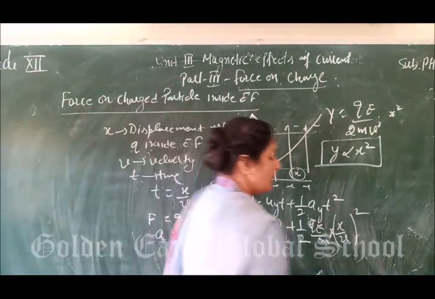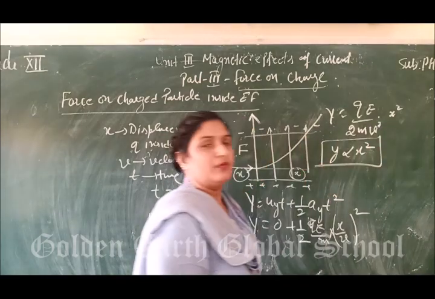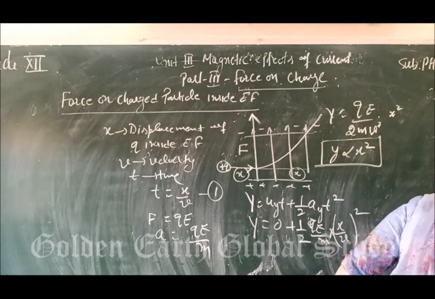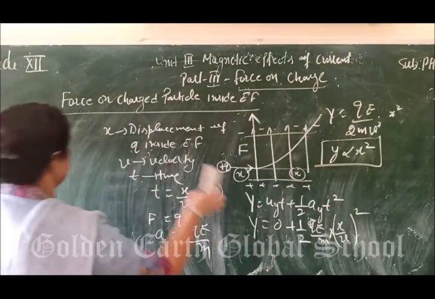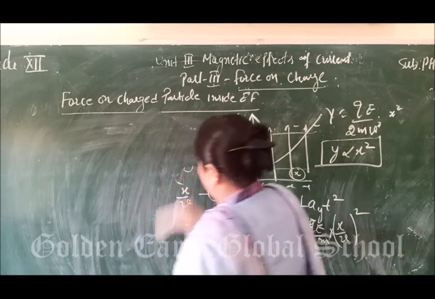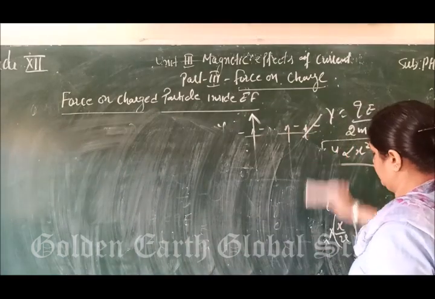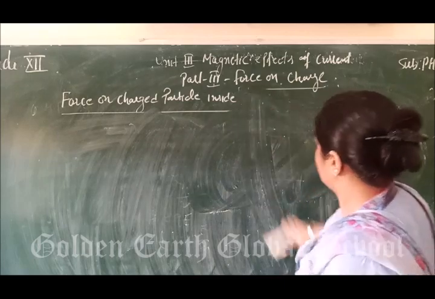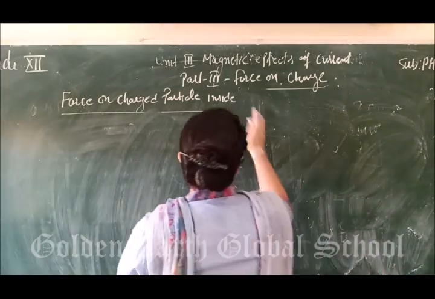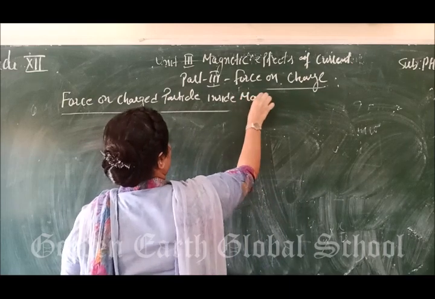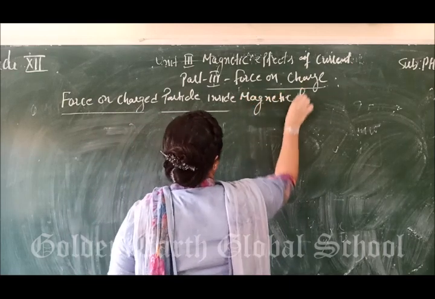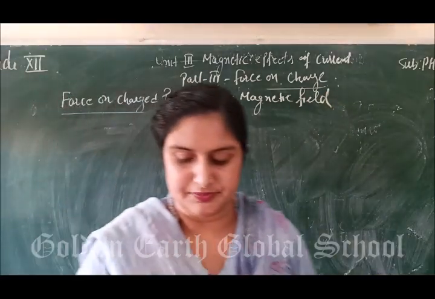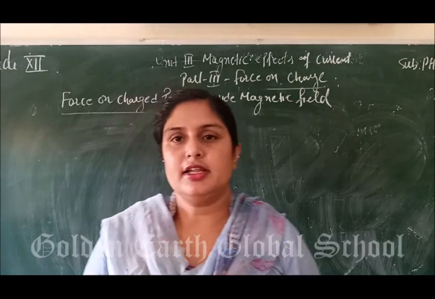Now next, we come to when the charged particle is moving inside the magnetic field. We are talking about the motion of a charged particle inside a magnetic field, or the force on a charged particle inside the magnetic field.